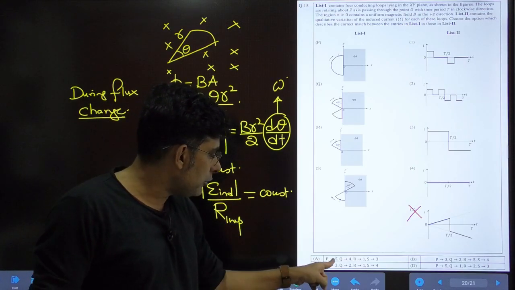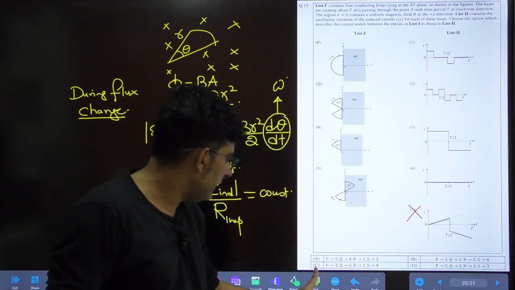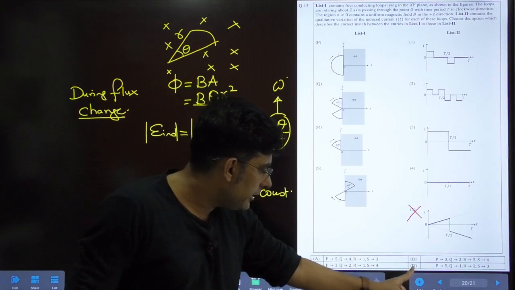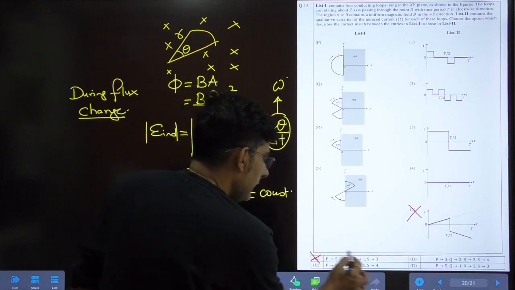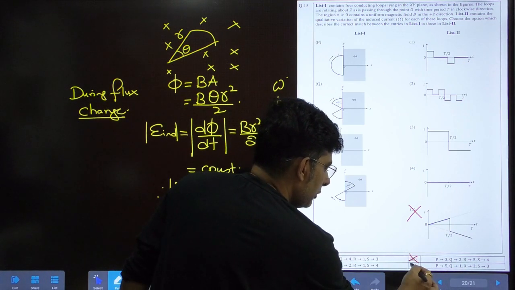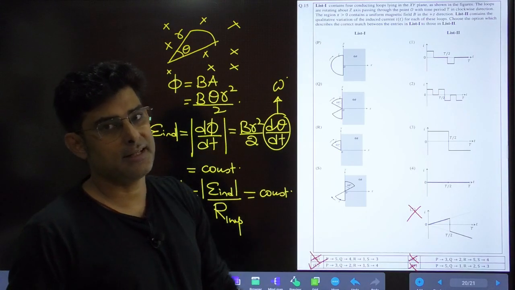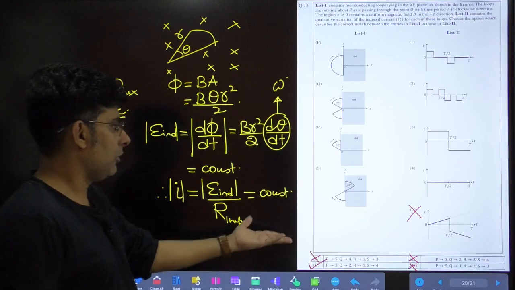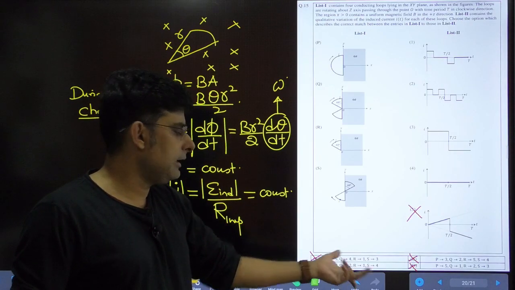In option A, 5 is there. Option B also has a 5. In option C there is no 5. In option D there is a 5. In any case 5 is not possible, so the correct choice will be option C. So you directly got the answer, option C, P3 Q2 R1 S4.